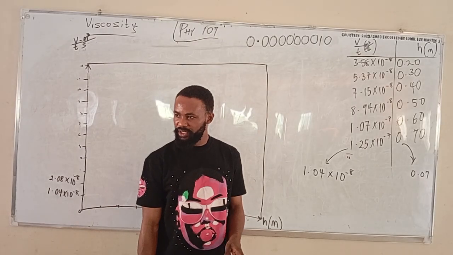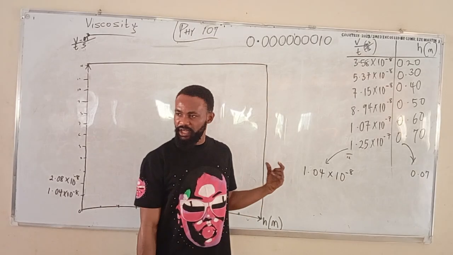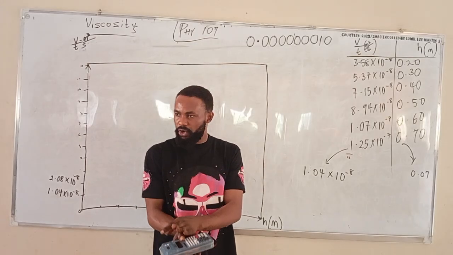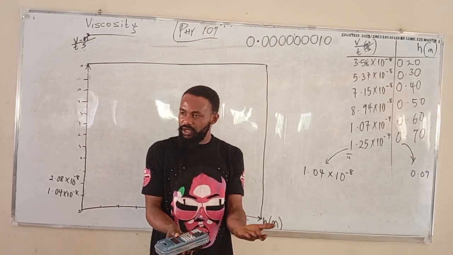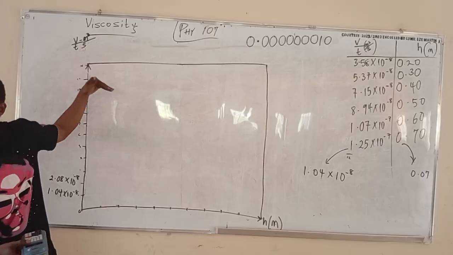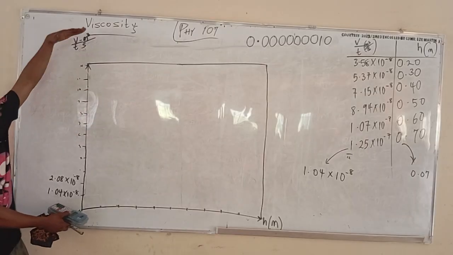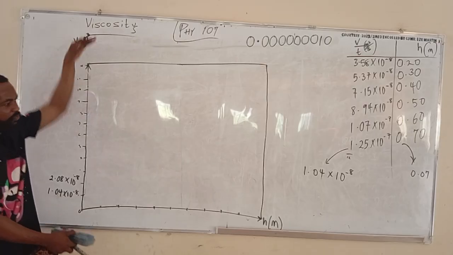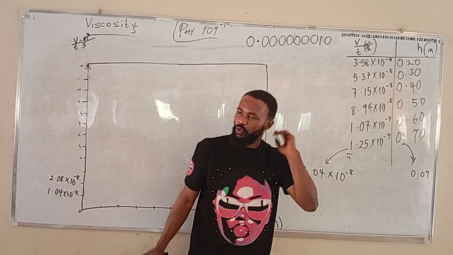Pay attention to what we are doing. Getting this scale is the first thing you do. If after doing it your graph looks small, that is where you can say, okay, let me no longer use this method, and start the method of making sure my graph covers more than half of the graph notebook. So what I'm teaching you is how to pick a scale first. I'm not saying there is no what if.